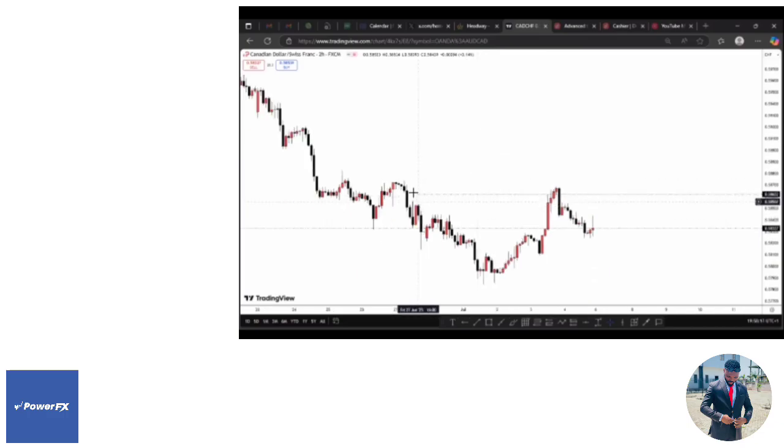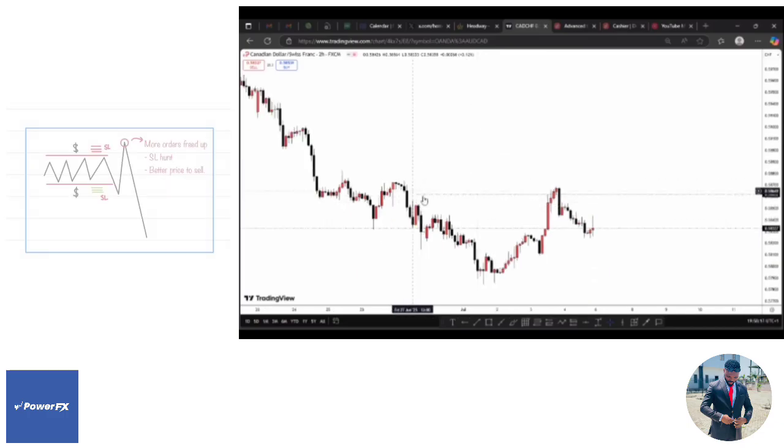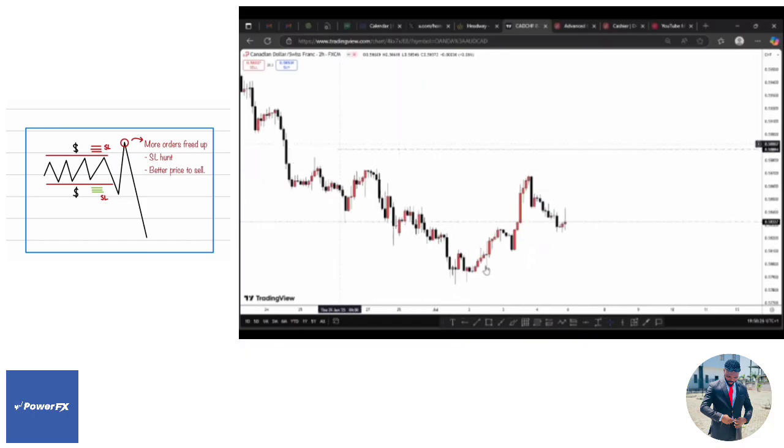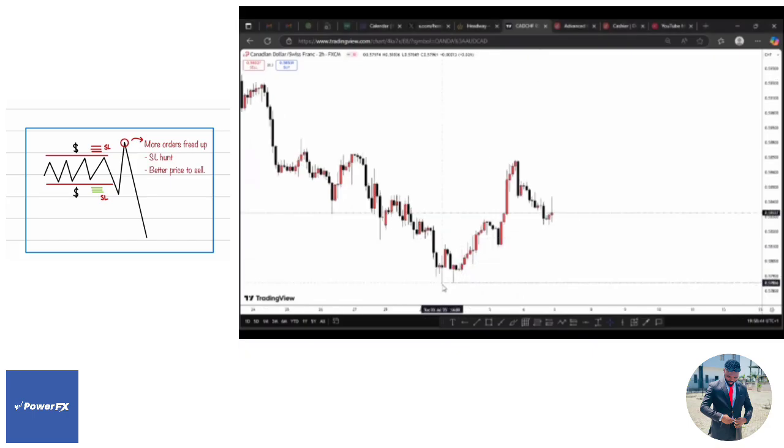This particular candlestick wick projection you're seeing here is actually liquidity. This one at the bottom is called liquidity.